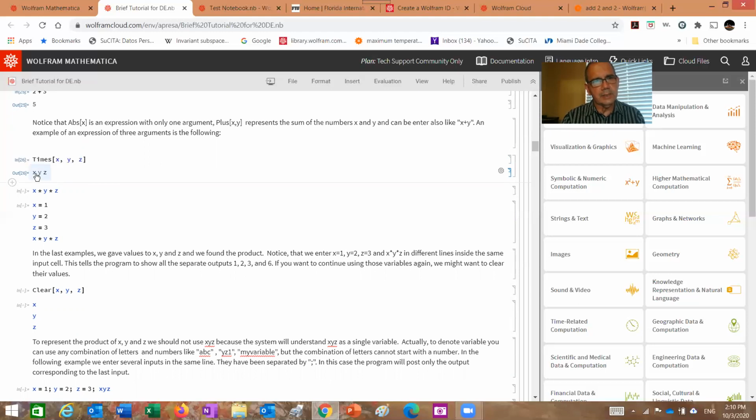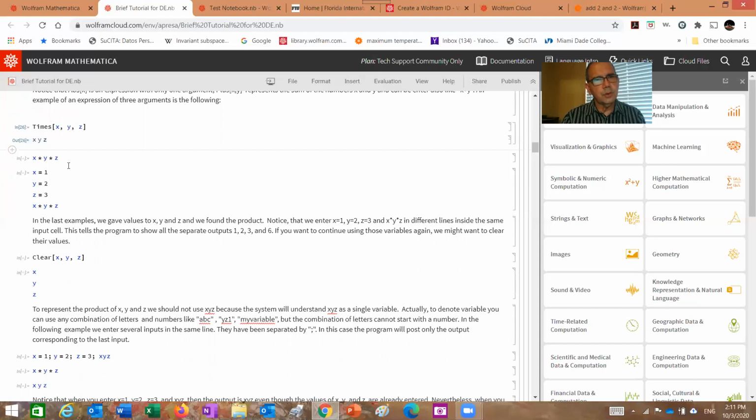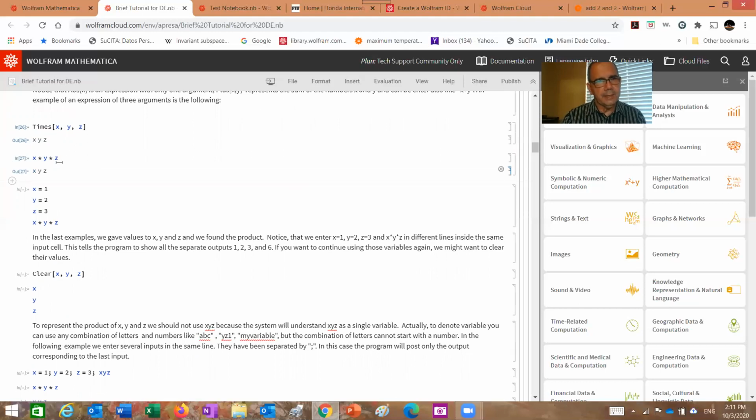There is a space between x and y, and another space between y and c. You can also find the same thing by entering x asterisk y asterisk c. You press enter, and you get the same thing, the product, the multiplication of those expressions.